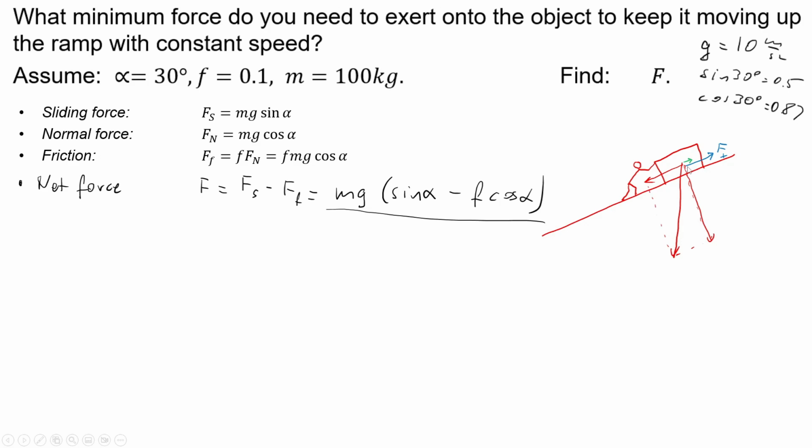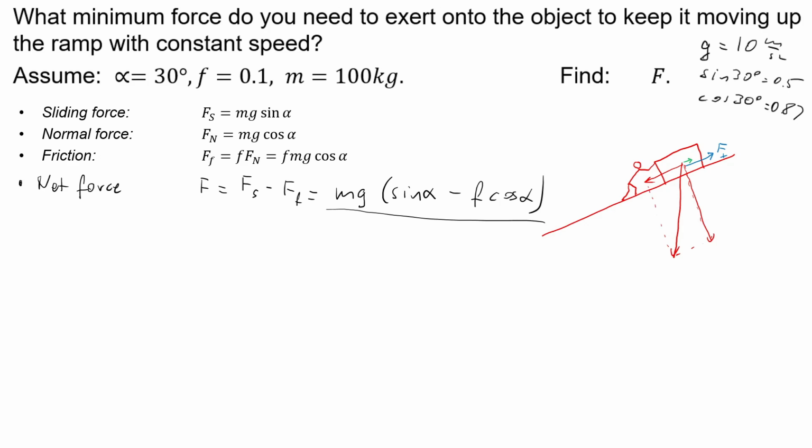Look at this friction force here. This friction force, the small green arrow, was drawn previously to show the friction that would happen if the crate was sliding down the ramp. Then friction would try to prevent this motion, so it would be acting upwards.